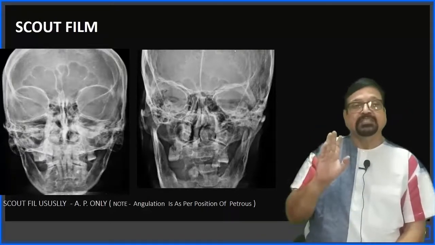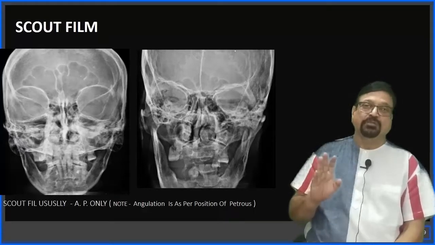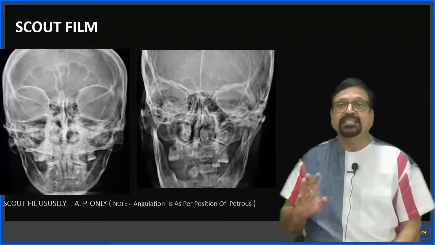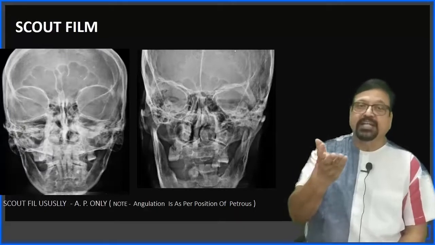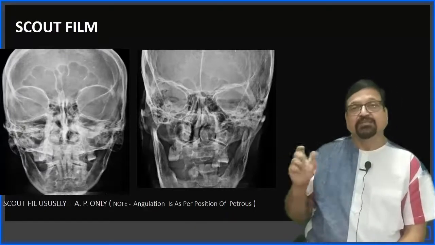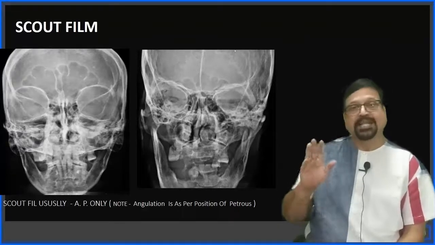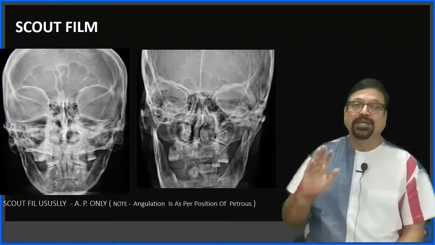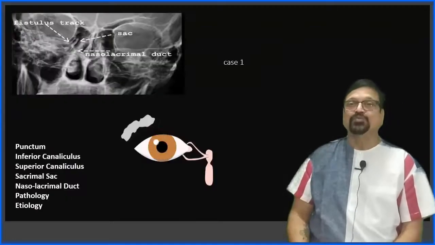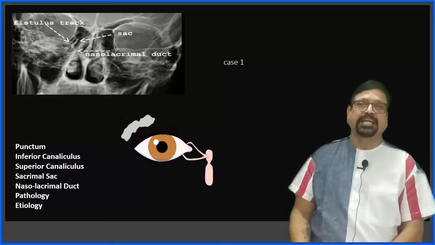Because of petrous you don't get a clear picture; you get an obscure picture. However, even when we start the procedure with a proper angulation, when we are starting injection, the chin movement changes the angulation. So that can happen even if we do it as a correct plane X-ray. So angulation as per petrous position is the prime important thing.